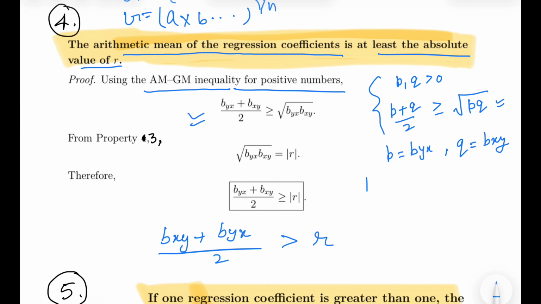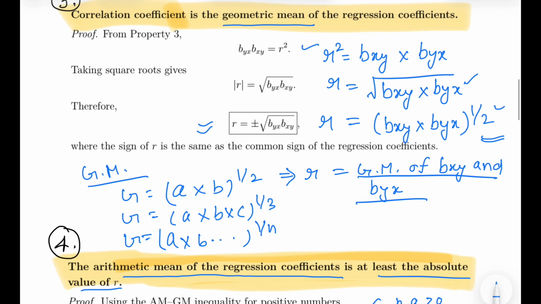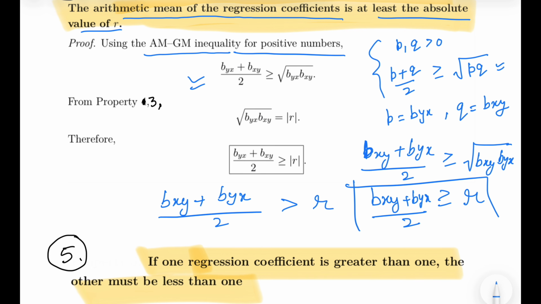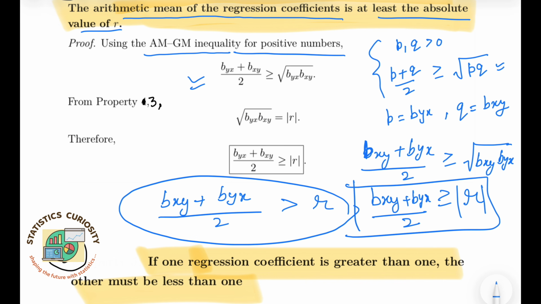Or in other words, bxy plus byx divided by 2 is greater than or equal to square root of bxy multiply byx. Now you can replace the square root of bxy into byx from property 3. You already know that square root of bxy into byx is small r. So you can substitute small r over here. So bxy plus byx divided by 2 is greater than or equal to small r. So this was property 4.